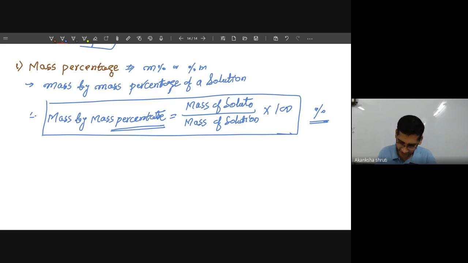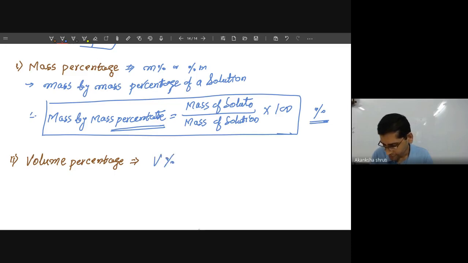The next one is called volume percentage. In place of mass, if you take the volume, you get the volume percentage also. Let me write the volume percentage, then I will solve some numericals. Student, it is nothing but the same as mass percentage, but here in place of mass, I have to take the volume, denoted by %V.